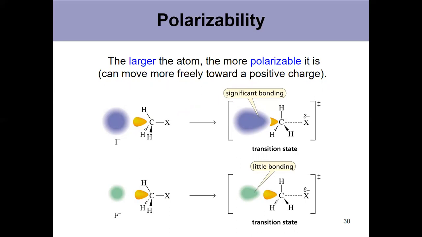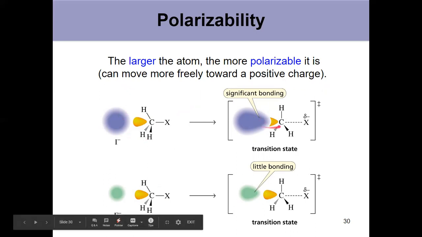However, the larger the atom, the more polarizable it is, which means that it can move freely towards a positive charge. More polarizability means more orbital overlap, more bonding, a more stable transition state up here. See how significantly that bond is forming?